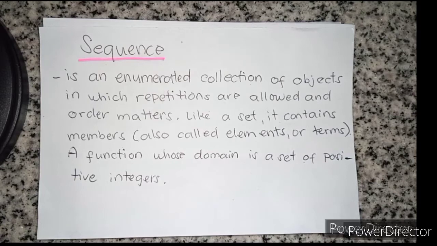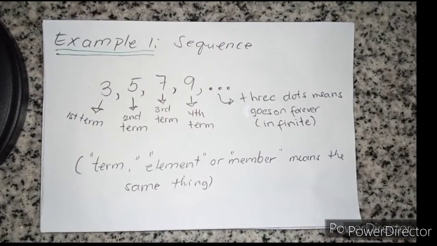Okay. Now, let's have an example. So, an example of a sequence: we have here a set of 3, 5, 7, 9, and so on and so forth. As you can see here, the first number, we call it the first term. The second number is the second term, third, and fourth.